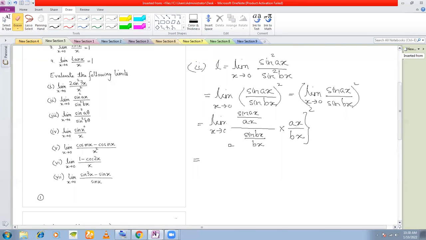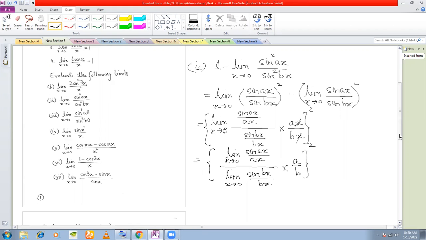That means I'll put a bracket here because all this was within the square. Now I'm going to distribute this limit over the numerator as well as the denominator. So limit x tends to 0 sine ax by ax divided by limit x tends to 0 sine bx by bx, into, and here x and x will cancel, so you're only left with a by b.